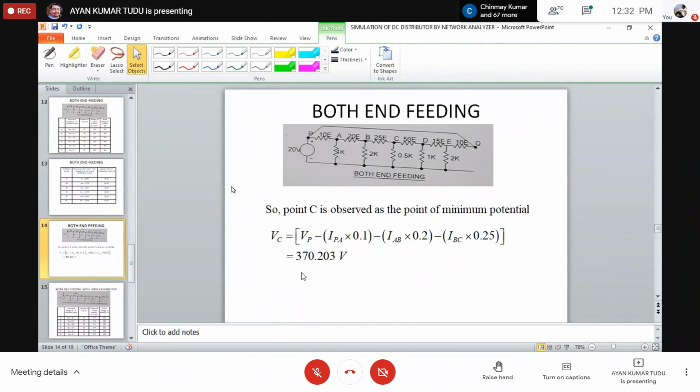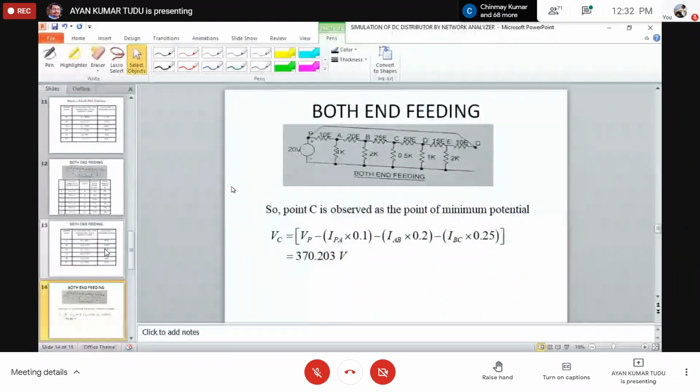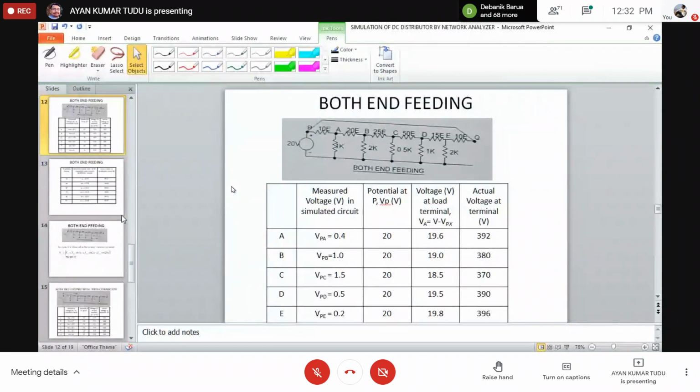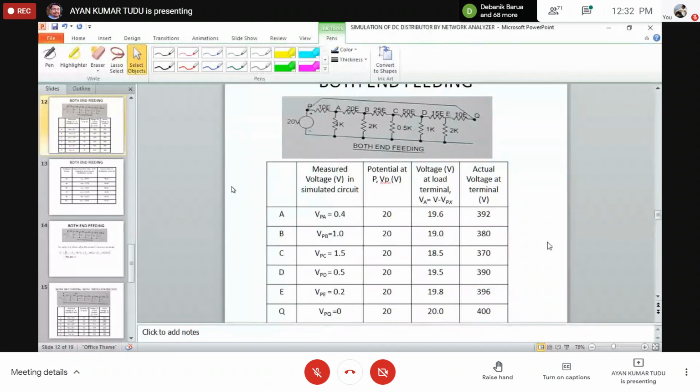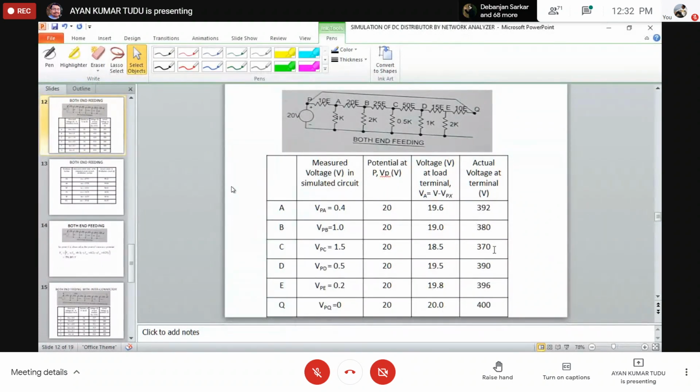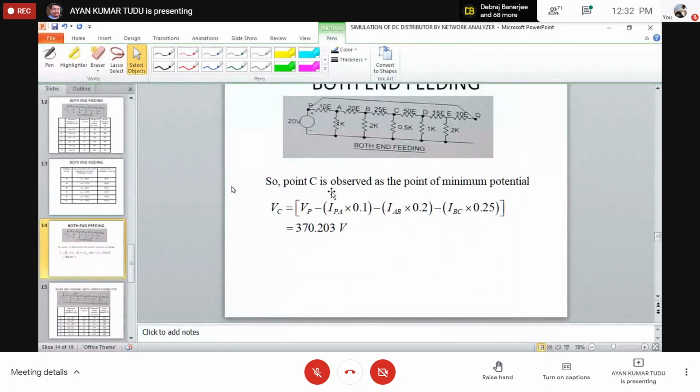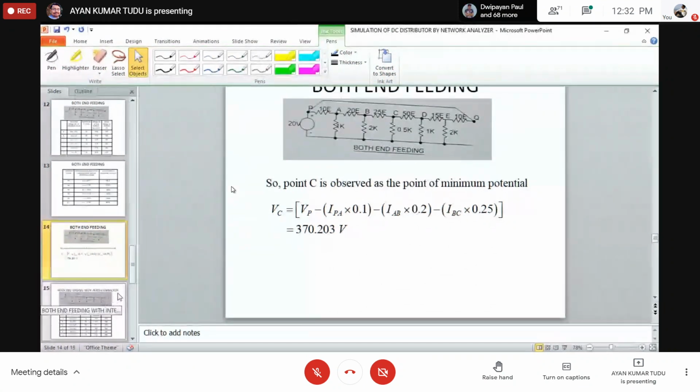Here the value coming out by calculation is around 370.203. And here also, as you can see, it is coming out to be around that value only. The actual voltage at the terminal C is around 370, and if we do it through the calculation method, then we are also getting 370.203. Now again we are using both end feeding.